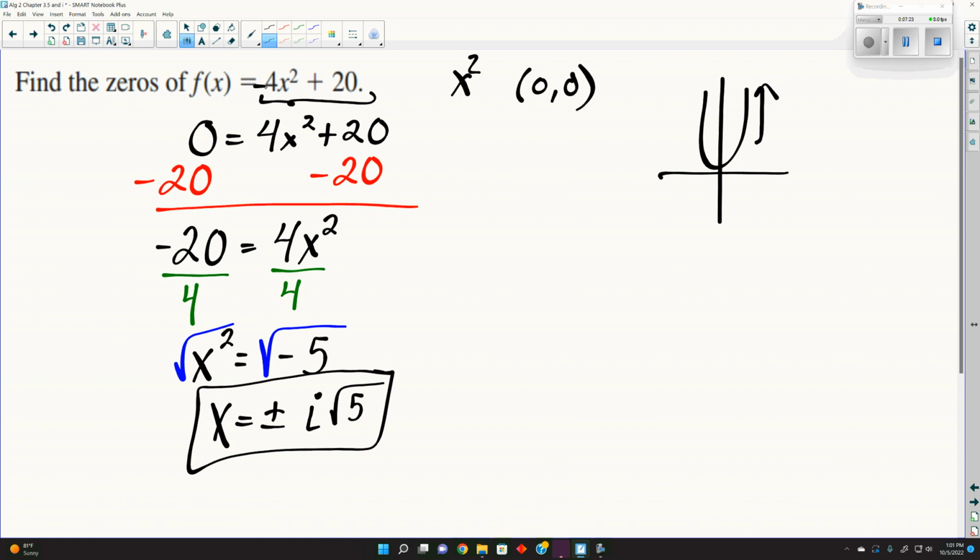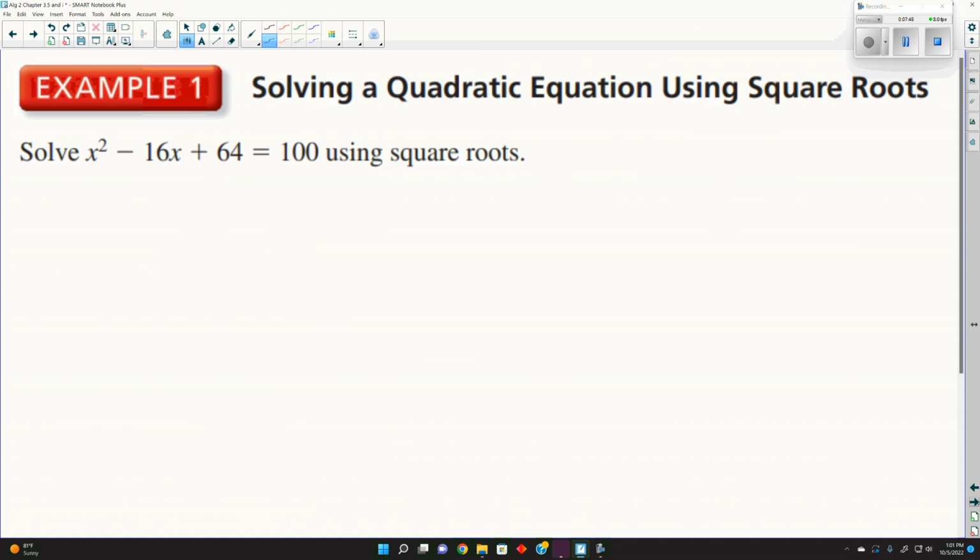So we should have some solutions that might be nice numbers, like 4 and 12, or they could be irrational, where we get our square root of 3. But we will have a number without i, because it'll cross. And that's what the transformations are nice for. It gives us an idea, a picture of what the graph will do. Doesn't mean we have to have a perfect picture, but it does give us an idea of where to start. Does that kind of make sense?